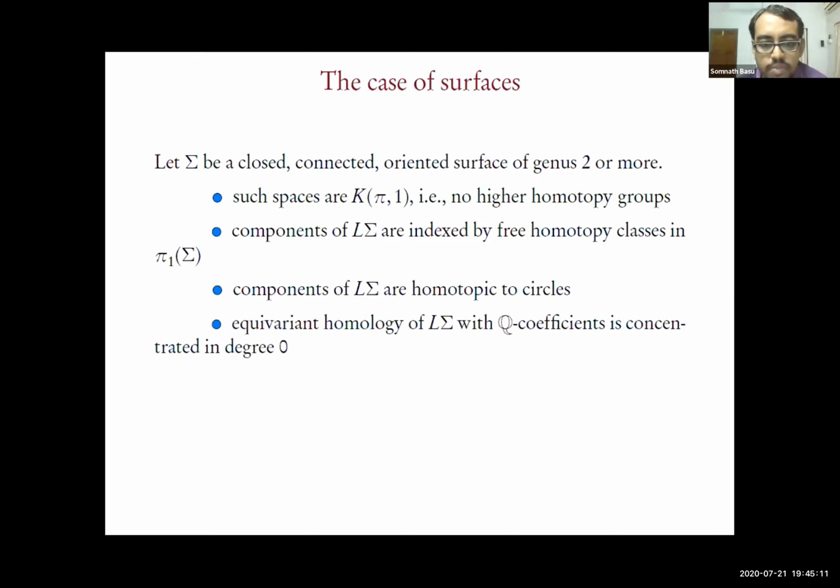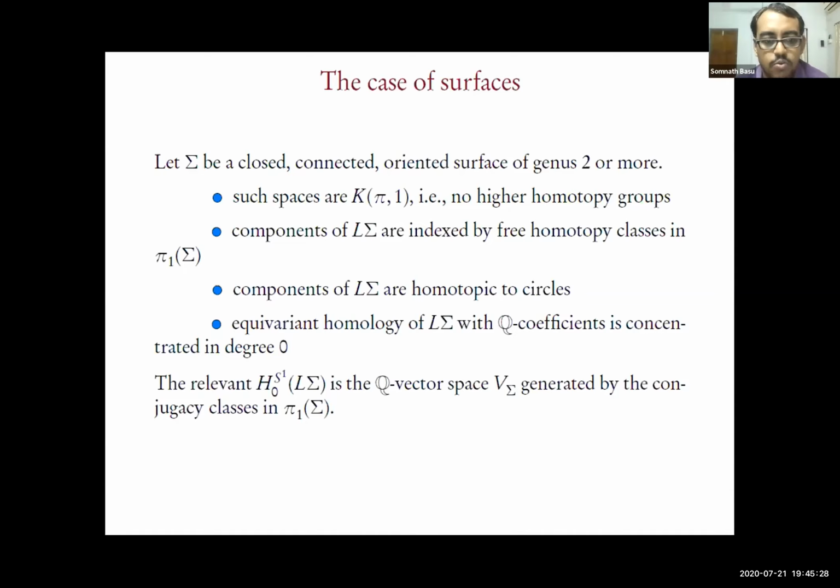And one can in fact calculate the equivariant homology of this just from definitions with a little bit of work, and show that with rational coefficients, the equivariant homology is concentrated in degree 0 only. So all the extra degrees are no longer relevant for us. So what are we asking? We're asking what is this Lie bialgebra structure on whatever this quantity is. But just take a minute and think about what this quantity is.